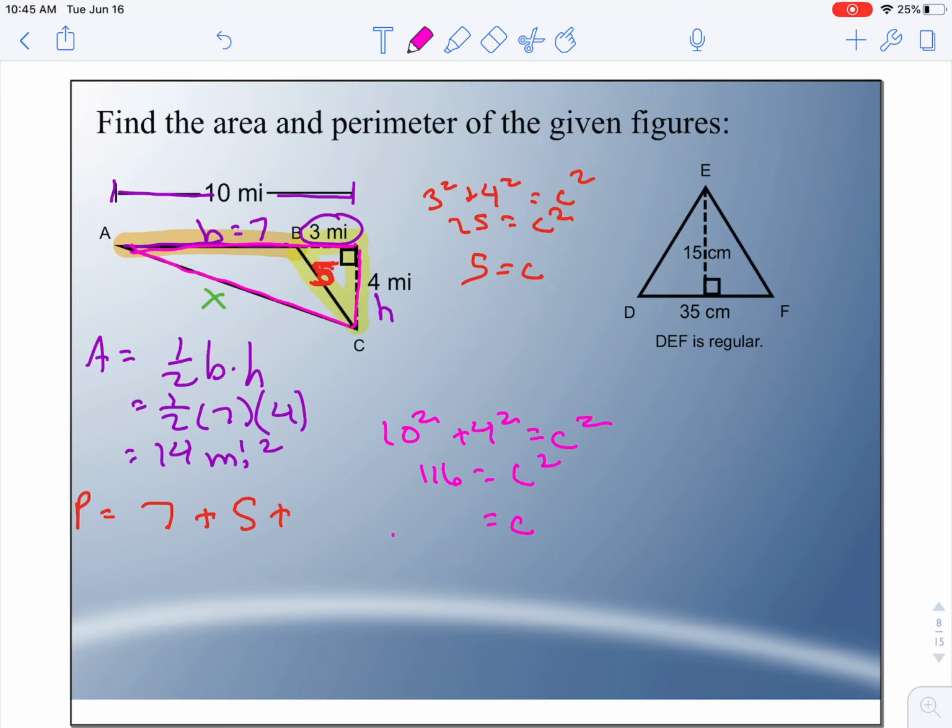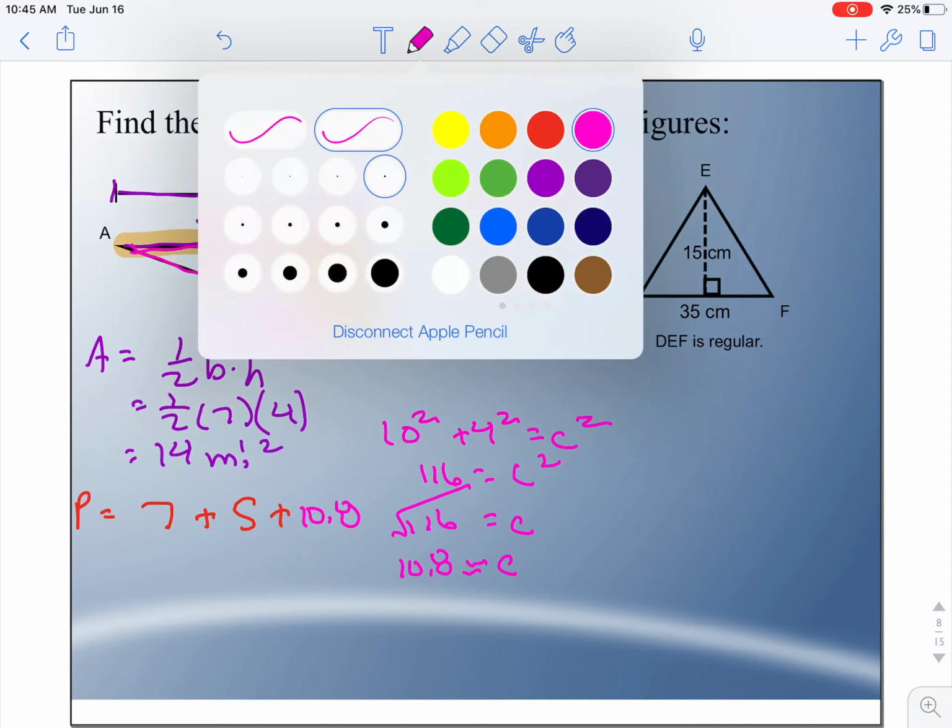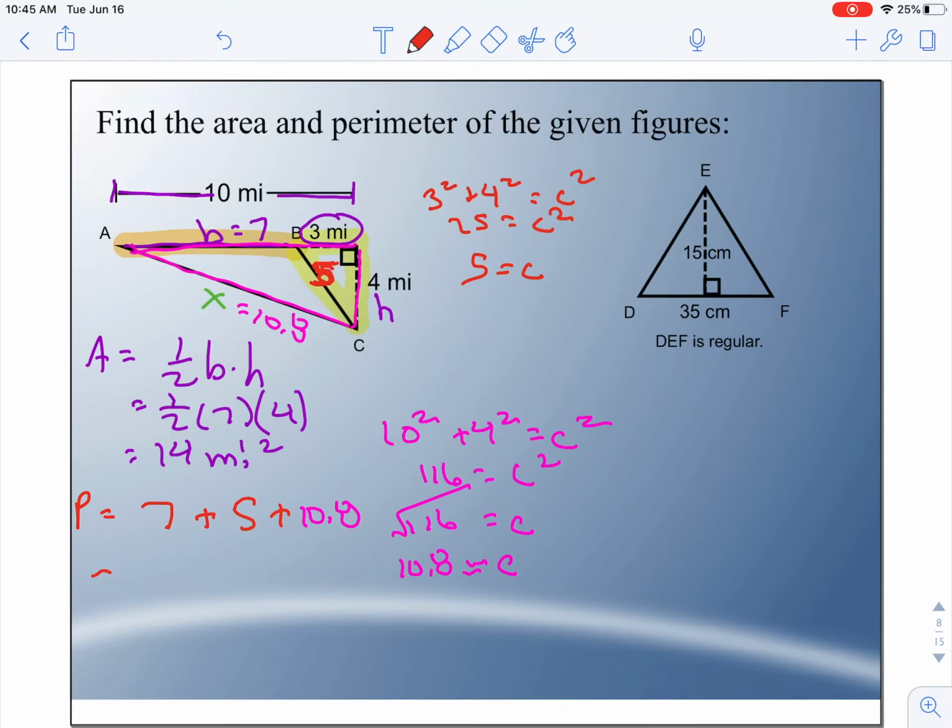So 116 is equal to C squared, and C is the square root of 116, which if we round, C is approximately 10.8. So now we're going to add in that 10.8 right there. So now we can add up our perimeter, and our perimeter then is 22.8 miles.